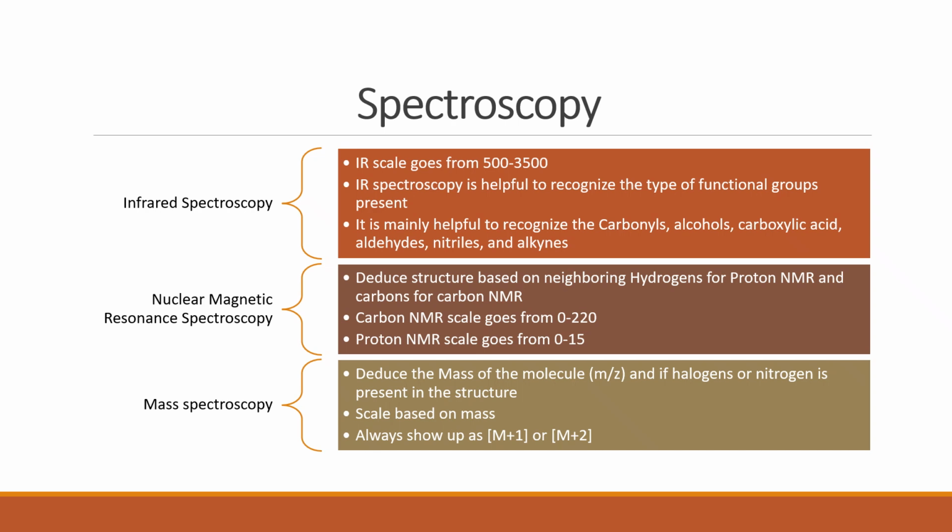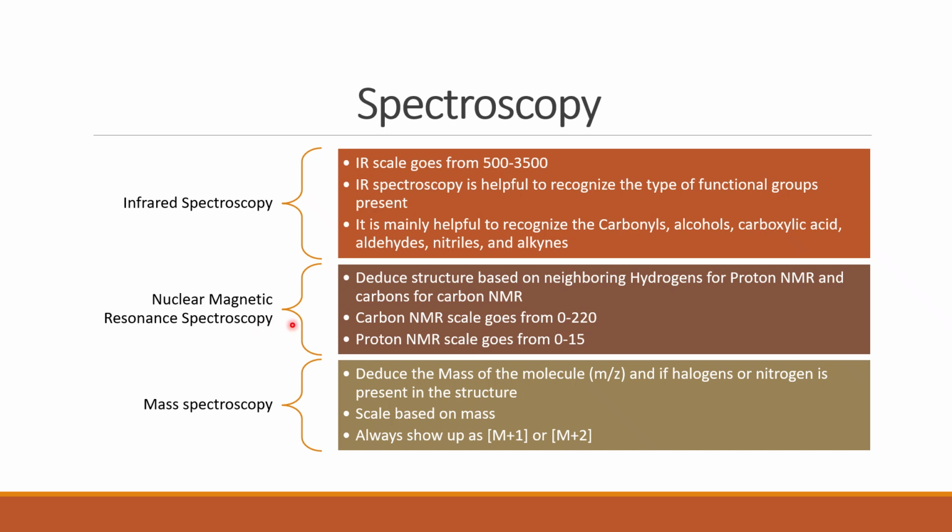So spectroscopy is mainly classified into three types, especially in organic chemistry at the entry level for OChem 1 and OChem 2. The first one is infrared spectroscopy, NMR, nuclear magnetic resonance spectroscopy, and mass spectroscopy. IR spectroscopy is used to recognize functional groups.